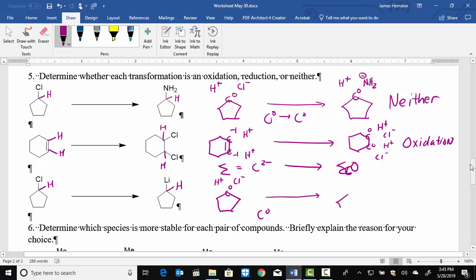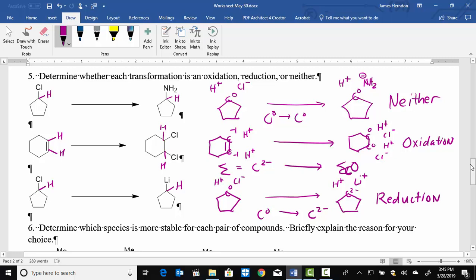The only carbon that changes is the one with the lithium. Lithium is on the left side of the periodic table, so it's very non-electronegative. We call that electropositive. So this would be carbon 2-. So if carbon 0 goes to carbon 2-, that's actually a lowering of the oxidation number, and we would refer to this one as a reduction.